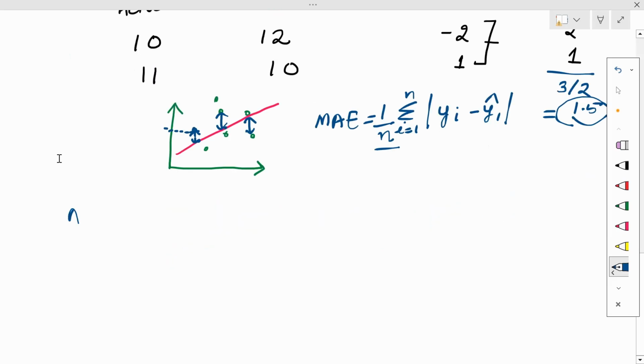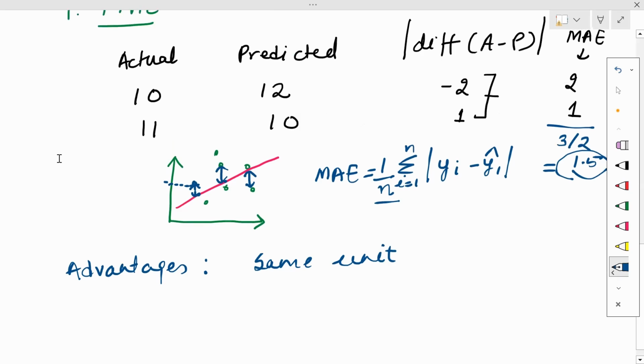Let's talk about some advantages of MAE. One of the advantages is the same unit. Like I talked about here, if these values are 10, 12, 11, 10, we can say the predicted values are on average 1.5 units deviated from the actual values. So the unit here is the same as of these values.